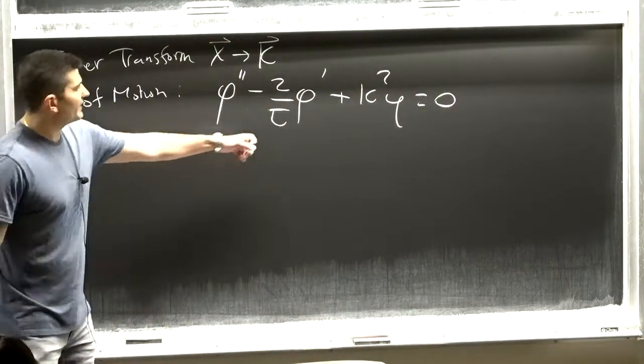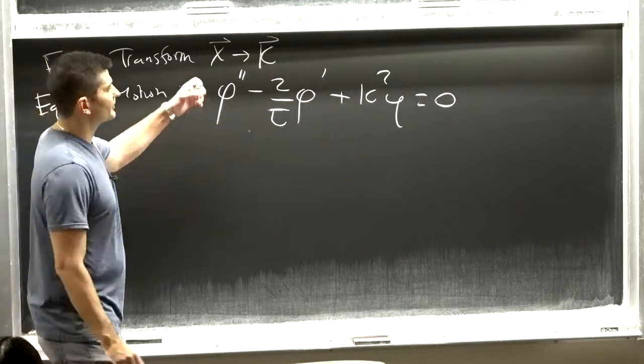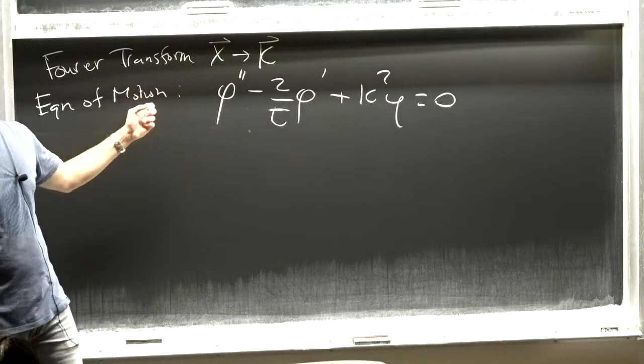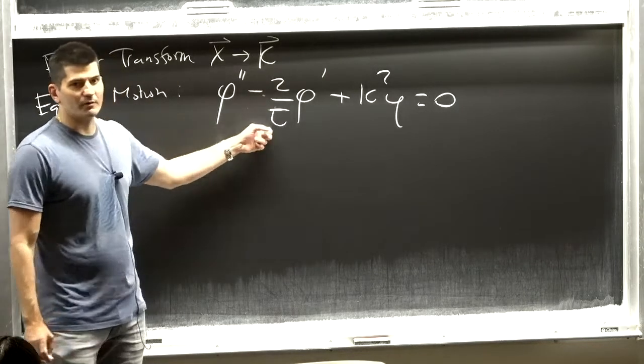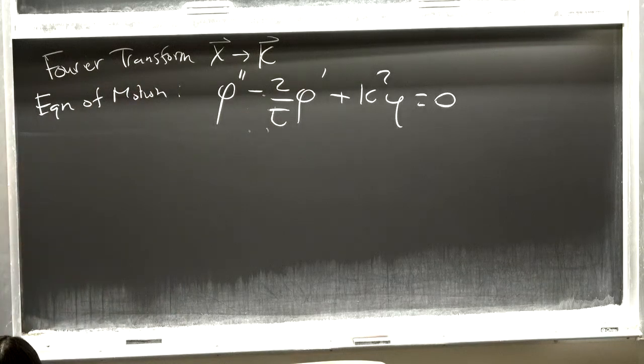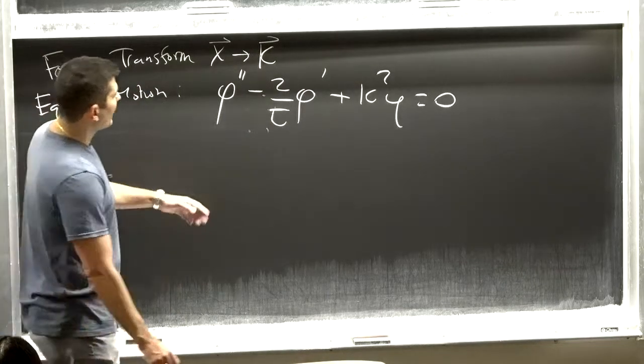Okay, the minus 2 over τ came because there was an overall 1 over τ squared, so that I just integrated by parts. I hit 1 over τ squared, get a minus 2 and a 1 over τ. And then I multiplied the whole thing by τ squared to get rid of all the 1 over τs that were floating around. And so I'm left only with this.